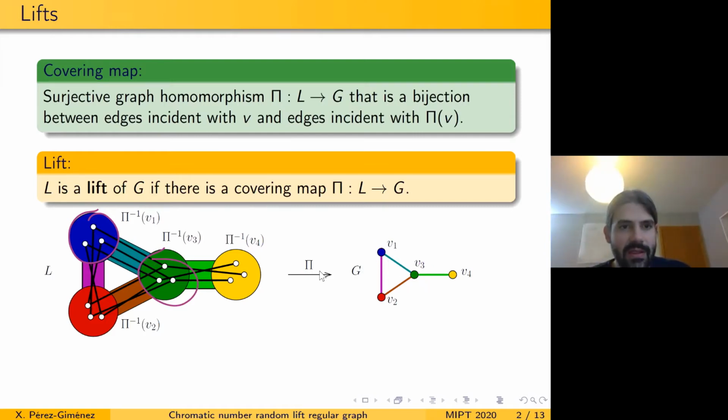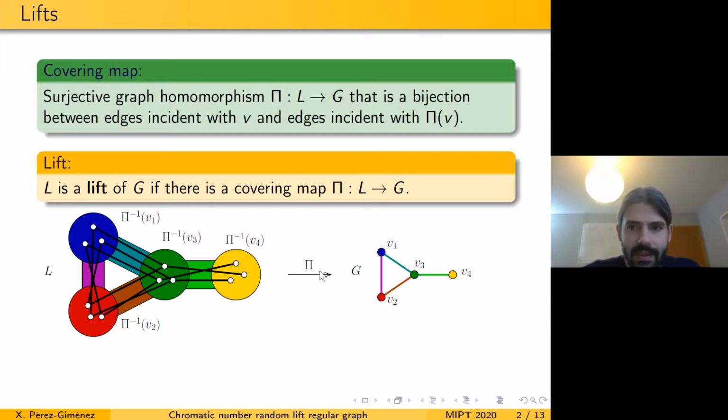So that's what lifts look like. Let's verify that indeed it's a surjective homomorphism, and you can also see the local bijection very easily. There's a clear bijection between the set of edges incident with this vertex and its image.